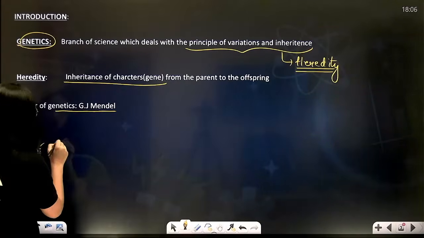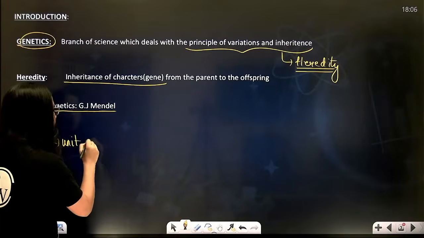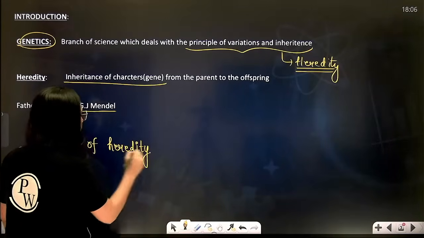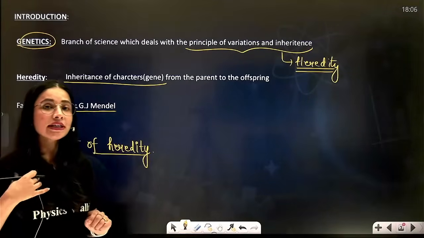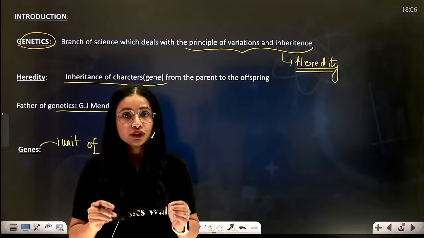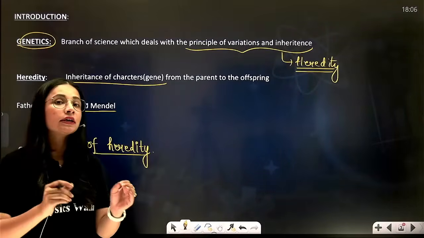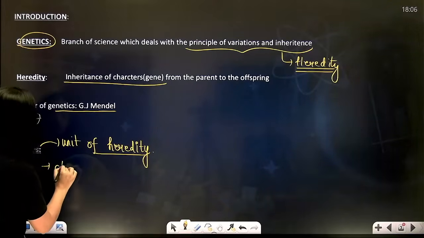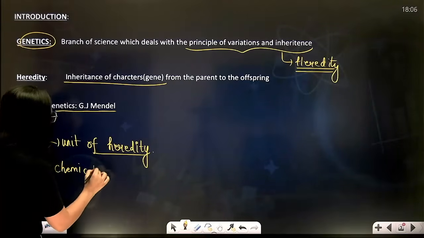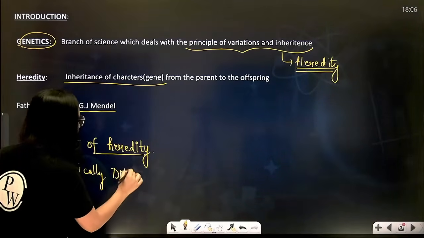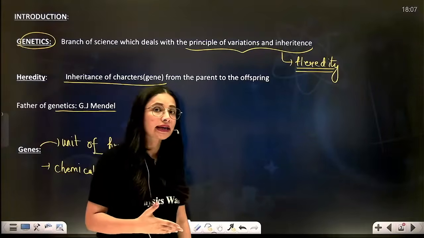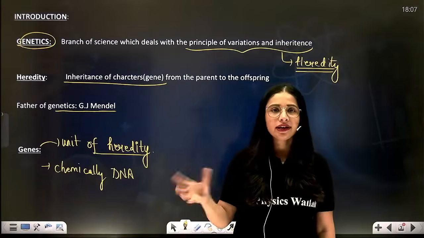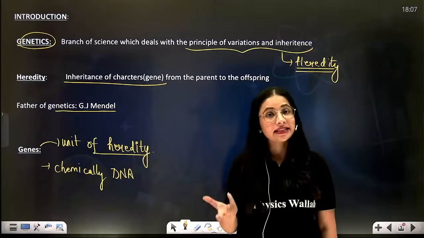So how will you define genes? Genes are basically the unit of heredity. What are genes? Genes can be defined as the unit of heredity transferred from parent to offspring. Second thing, these are chemically made up of DNA. Sometimes in some books you will find that DNA is the unit of heredity, but actually DNA and genes are almost one and the same terms.